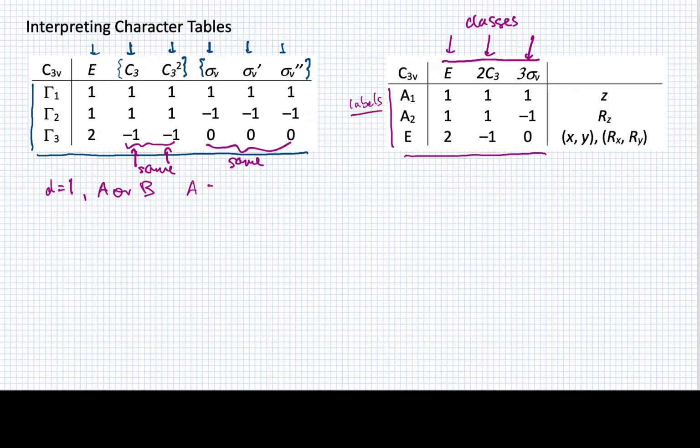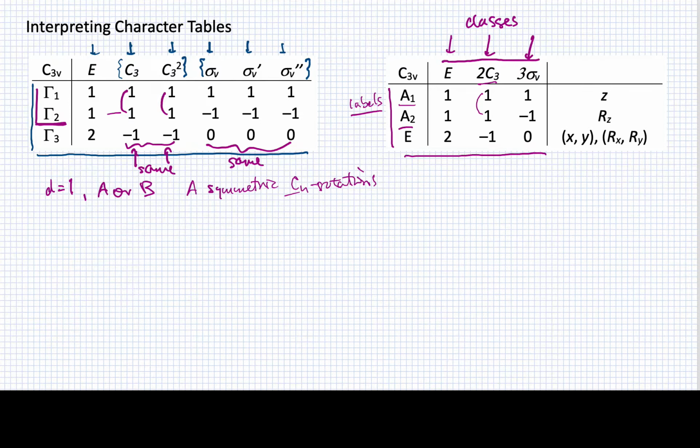A is symmetric with respect to transformations that involve the principal axis, and I'll just label that as Cn. So symmetric with respect to Cn rotations. And you can see that that in fact is true here. This is the principal axis, C3. These are both 1. So these tell us automatically that these 2 representations up here are going to be A-type.